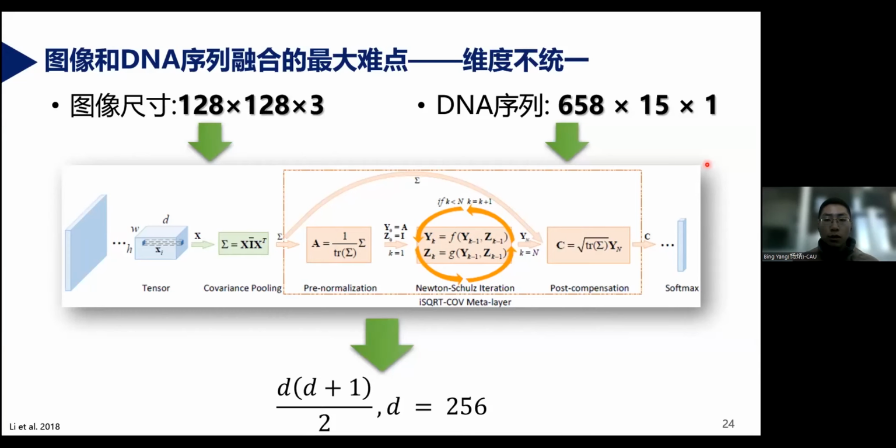The pixel difference is there because the dimensions of the sizes are not uniform. The image is 128 multiplied by 128, and for the sequence there will be different dimensions, 658 multiplied by 15 multiplied by 1.